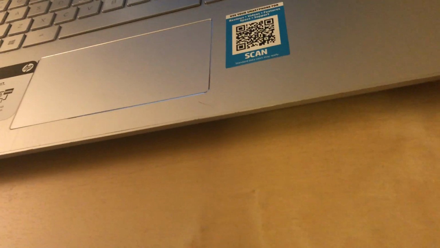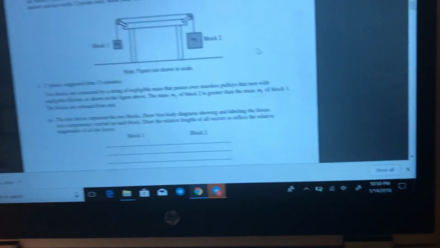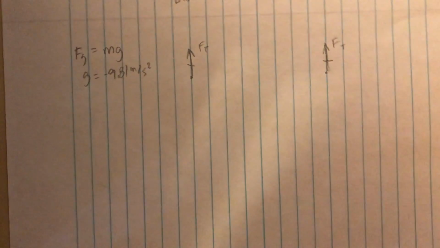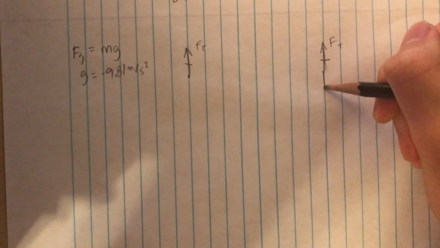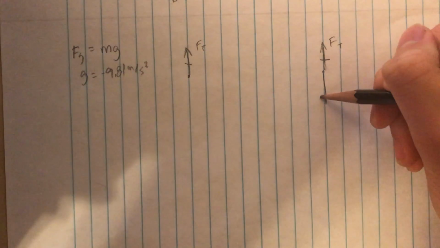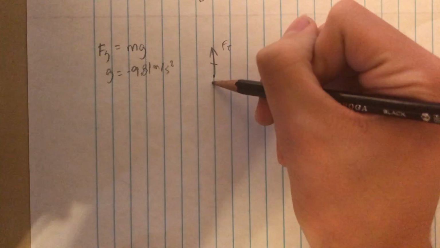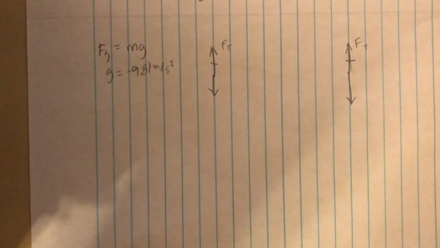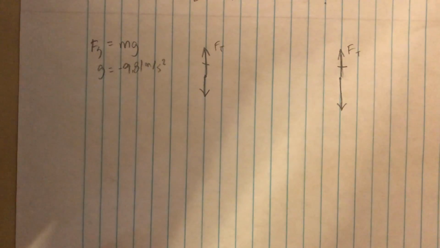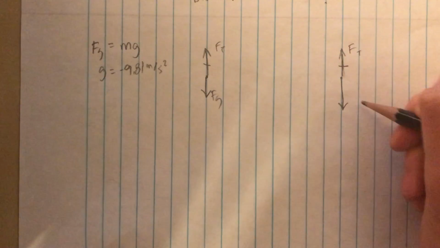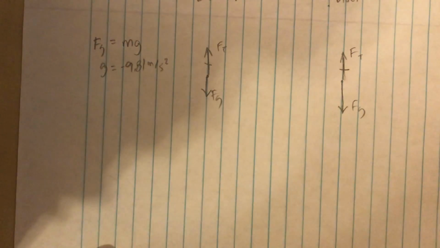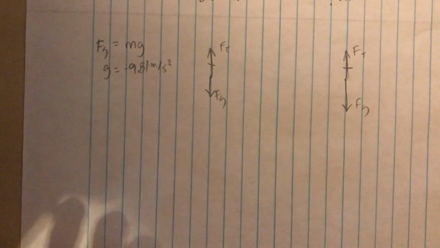As you can see, block 2 has a greater mass than block 1. So the force of gravity on block 2 will be greater than the force of gravity on block 1. So we'll indicate that by drawing a longer arrow on block 2 than block 1 for force of gravity. And that is part A finished.